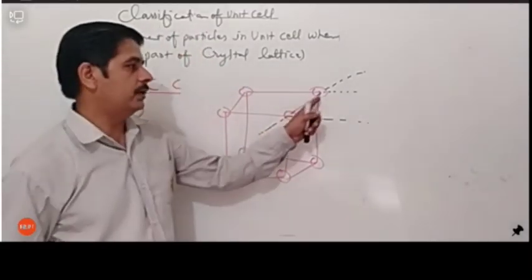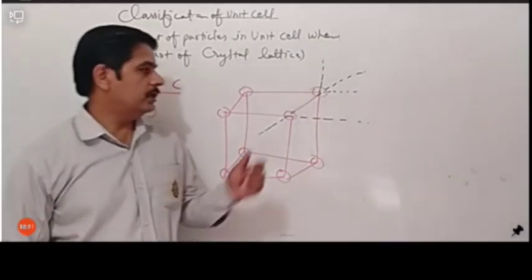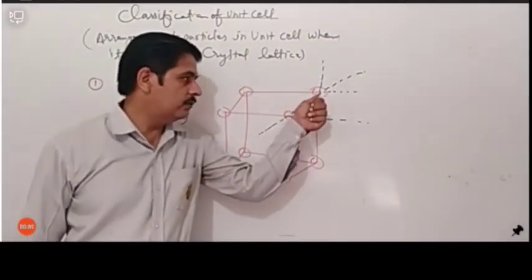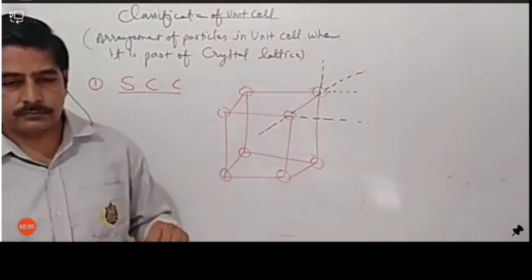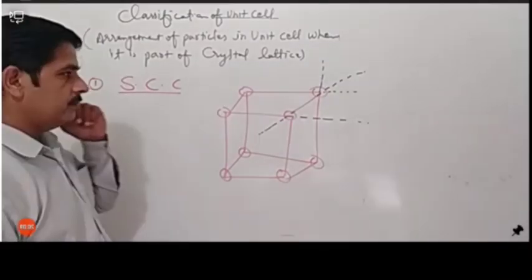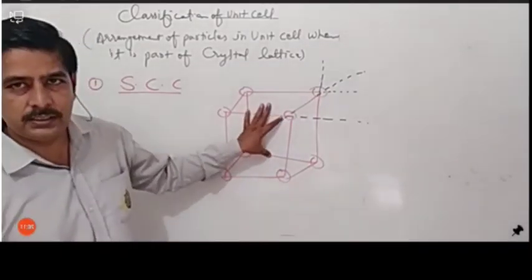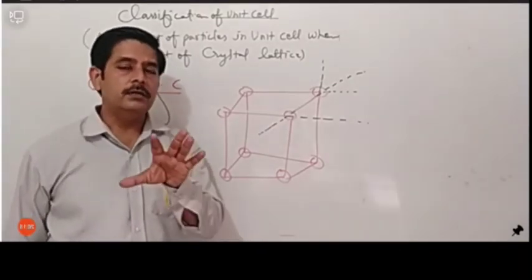This particle will be connected by how many particles? Can anybody tell me how many unit cells will be connected with this particle? How many unit cells of this type will be connected with this particle when it is present in a crystal lattice? Can you guess?